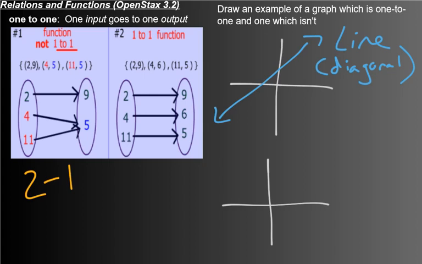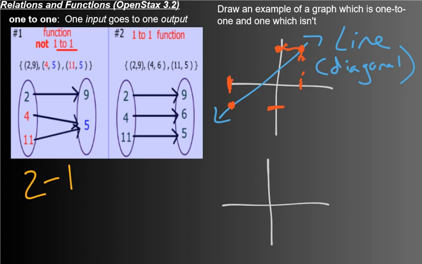So any diagonal line would be 1-to-1. And the idea is you could take this point here, and there is only one input that goes to this one output. You could do that anywhere you want on this line. Down here, this one input goes to this one output. There is nowhere that you're going to double up.